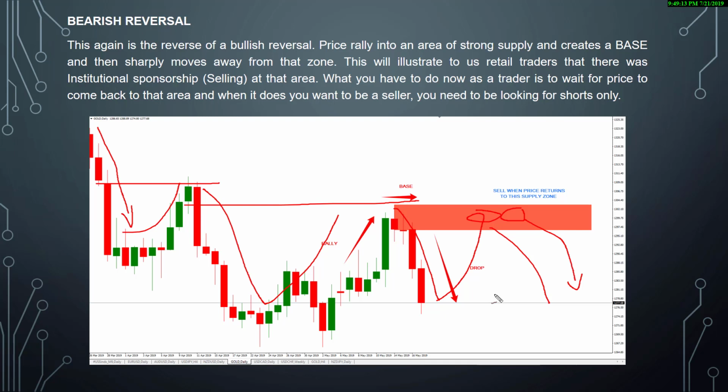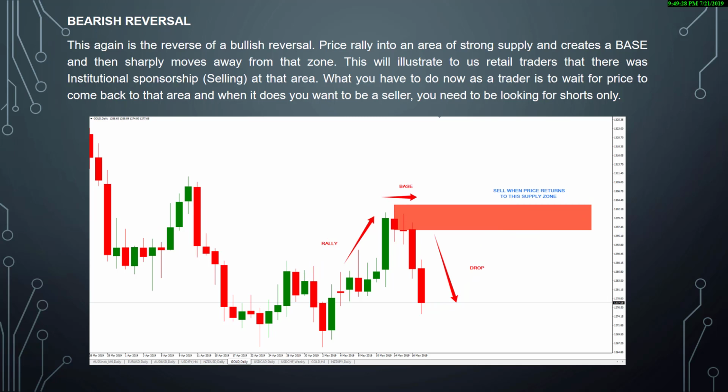That's your bearish reversal. So when the market tests this supply zone here, then you take the market to the downside, especially at a point where price rallies massively away without even looking back.